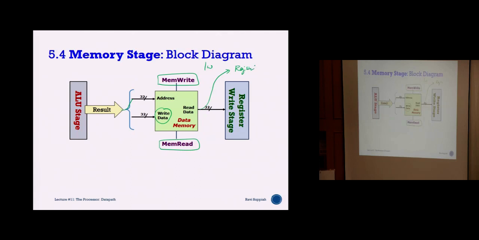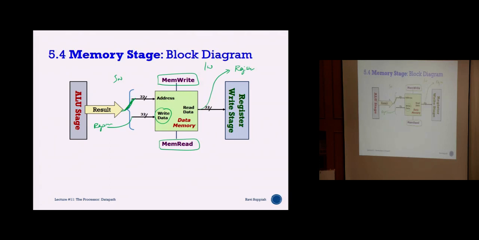If it is a store word, the write data already comes from my register. So the ALU operation is only giving me the address, nothing to do with data. For load word, I read from the address and write it back to the register. If it's a store word, the data is already in the register, so I just write it to memory. The ALU result is only giving me the address that I need to access.